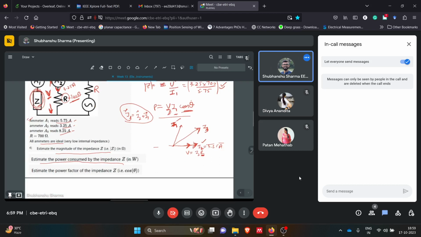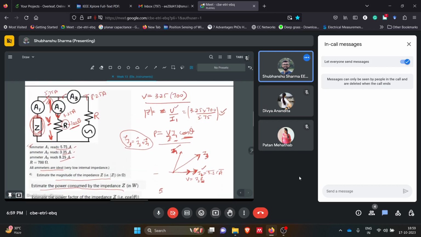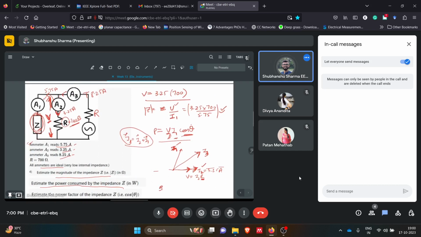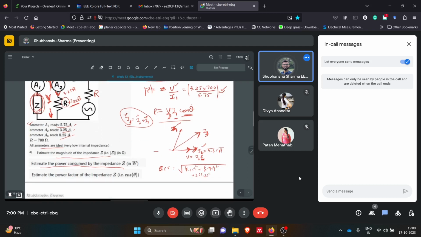Now the question is to find cos theta. We know the resultant is 8.25, which equals the square root of 3.25 squared plus 5.75 squared plus 2 into 3.25 into 5.75 into cos theta.